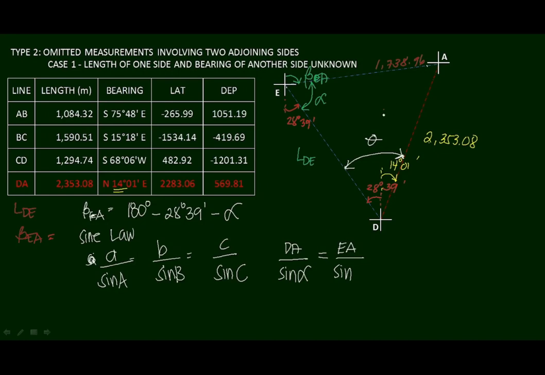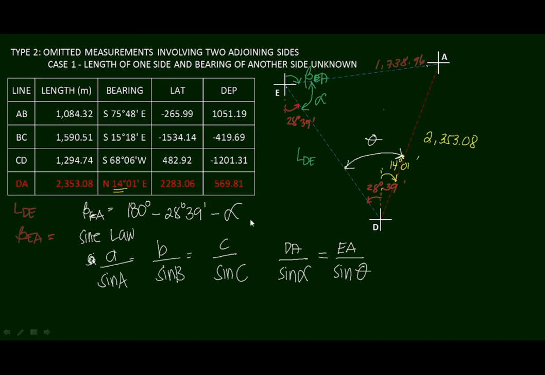So, si EA, ang opposite angle niya ay si theta. Tama? So, may value ako ni DA, that is 2,353.08. Wala akong value ni alpha. I have the value of EA. As for my theta, I can solve the value of my theta.